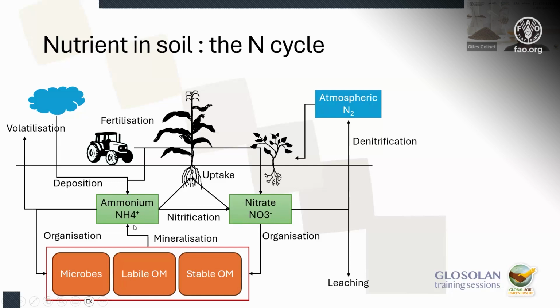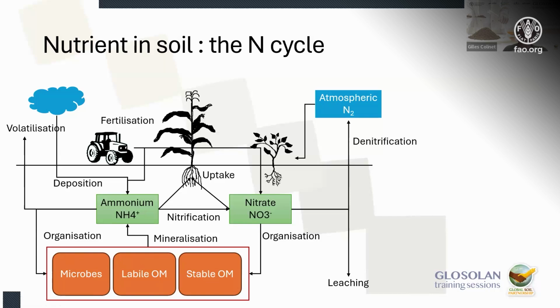The sources of ammonium are direct deposition from the atmosphere, fertilization, or the mineralization of the organic matter. So the microbes are eating the labile organic matter, the microbes are eating microbes, and at the end, you have production of ammonium in the soil.